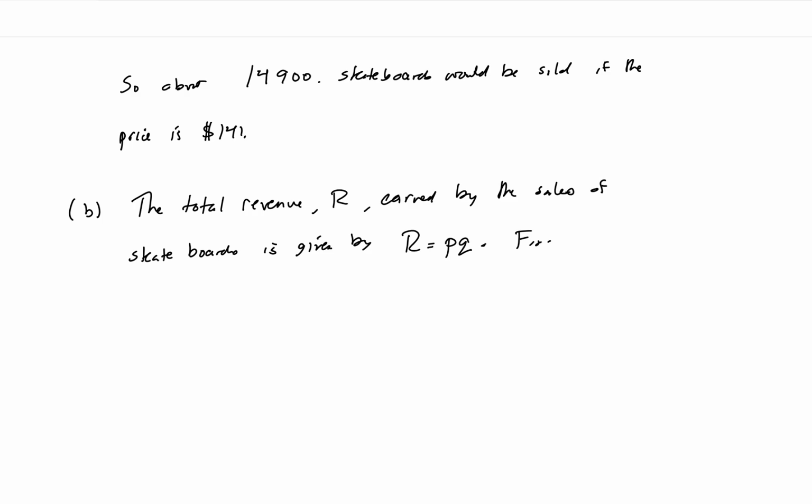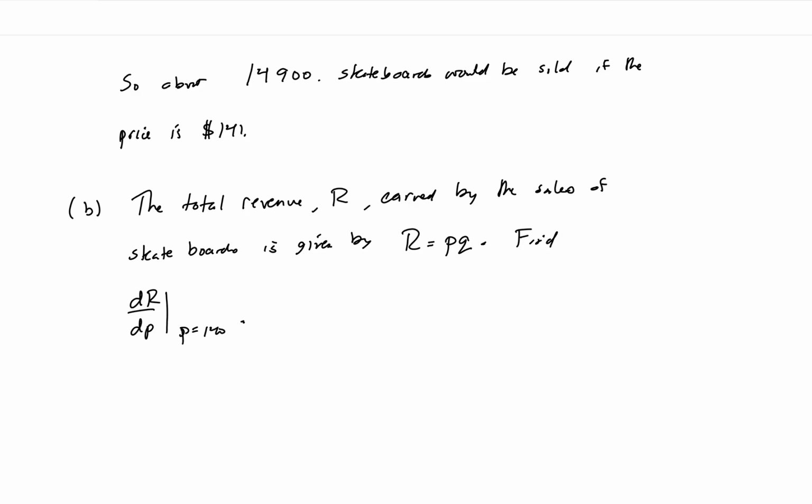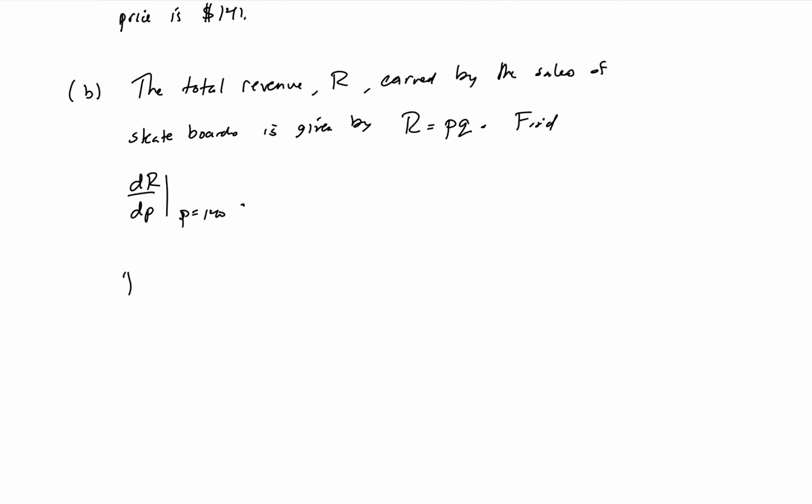So let's find dR/dP when P is equal to 140. So the first thing to note is we can write R, this is P times Q, which is P times f of p, because Q is equal to f of p.